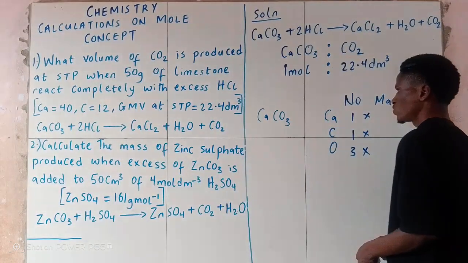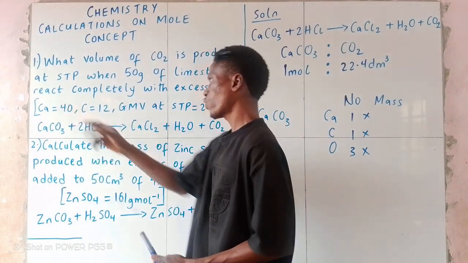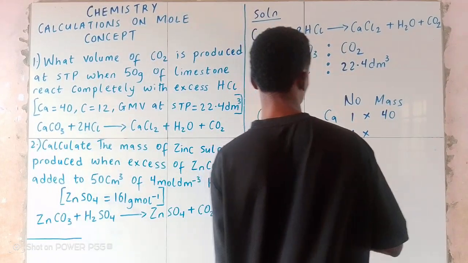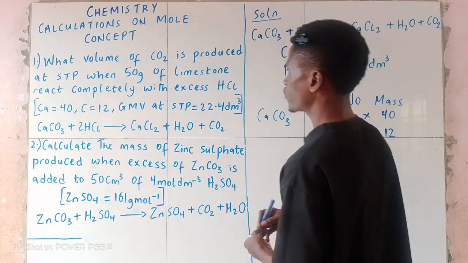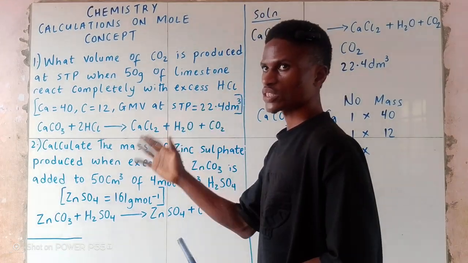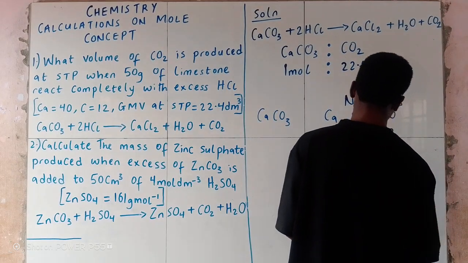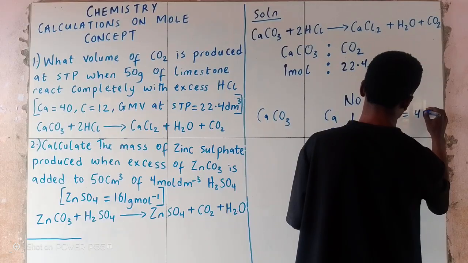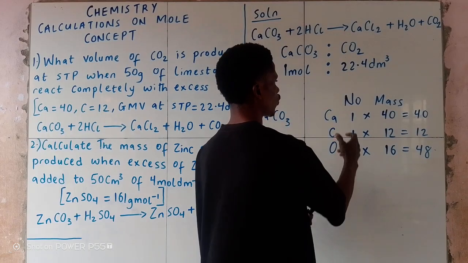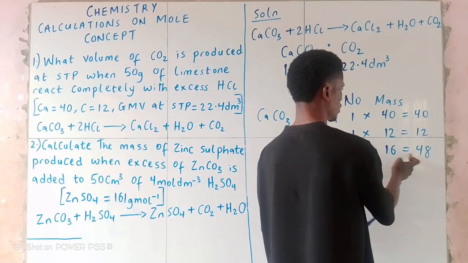My next task is to check the atomic mass of calcium. It's given as 40. Carbon is 12. What about oxygen? It's not there, but the atomic mass of oxygen is 16. So 1 times 40 is 40, 1 times 12 is 12, 3 times 16 is 48.